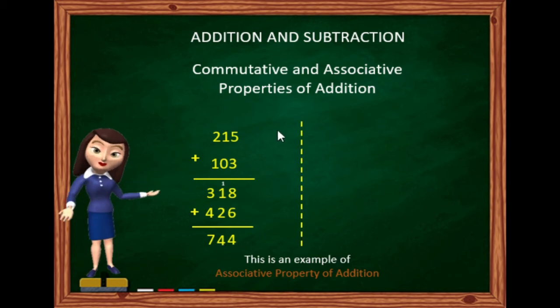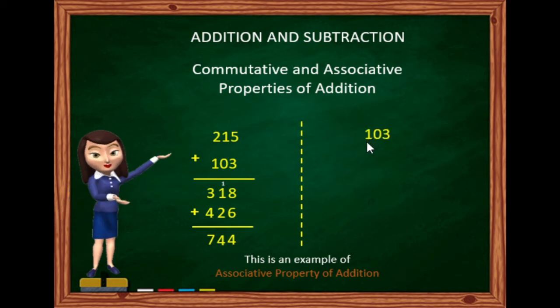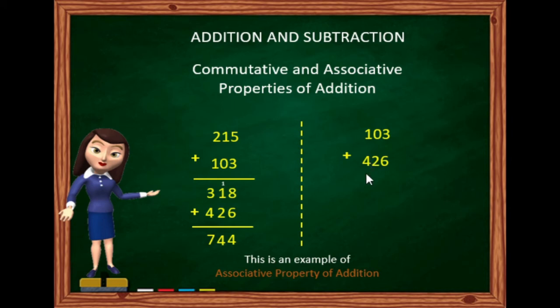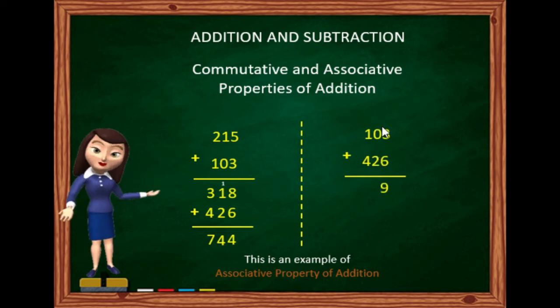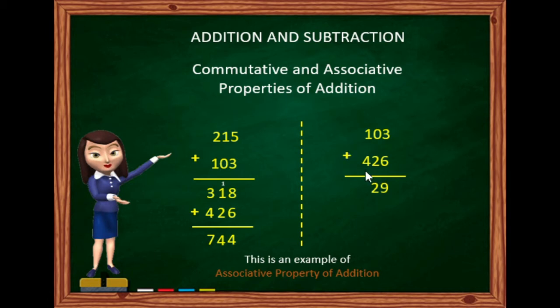744. Now let's try to look at the next example. We have here 103 plus 426. 3 plus 6, we get 9. 0 plus 2, we get 2. 1 plus 4, you get 5.